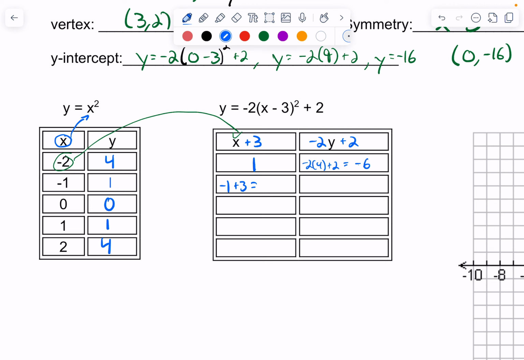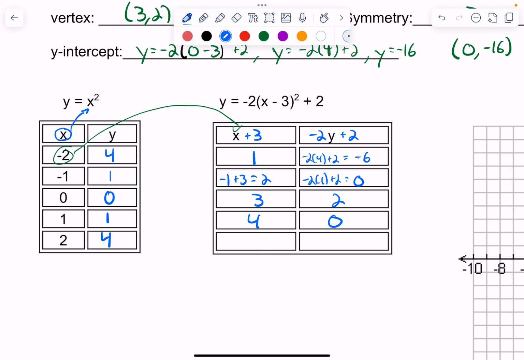So 2. And then -2 times 1 plus 2 is 0. And you just keep that pattern going. So this would be 3. This would be 2. This would be 4. This would be -2, 0. Oh, sorry, did I make a mistake? No, it says, yeah, 2. And that one I did it correctly, yeah, -2 here. Okay, 2 and 5. And then this one would be -8 plus 2 is -6.